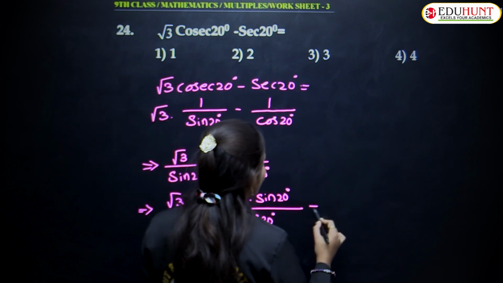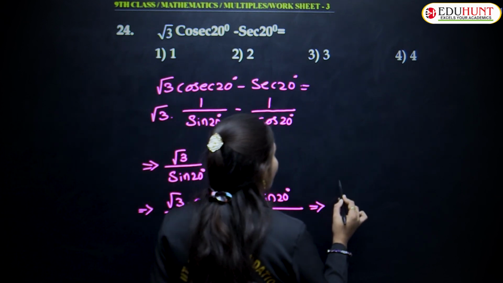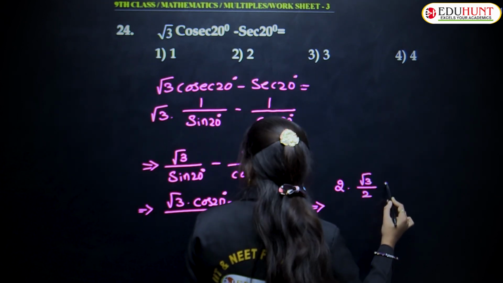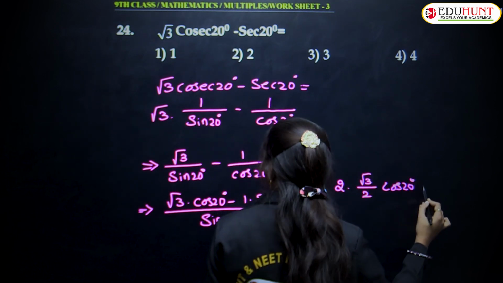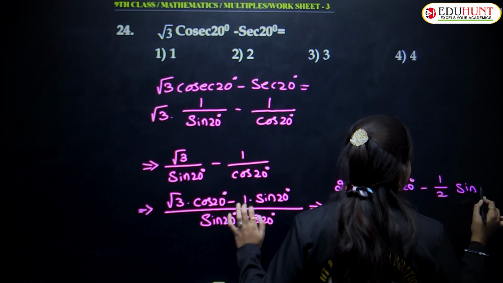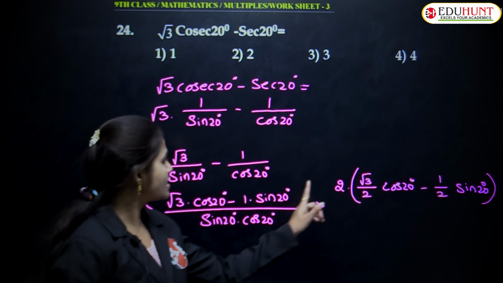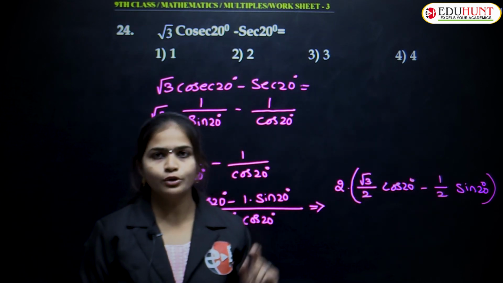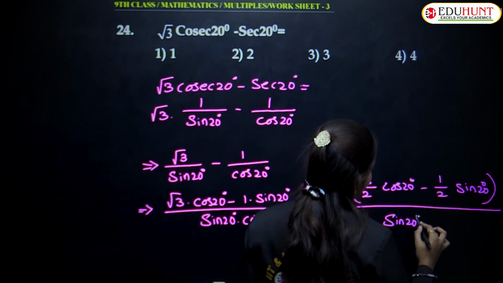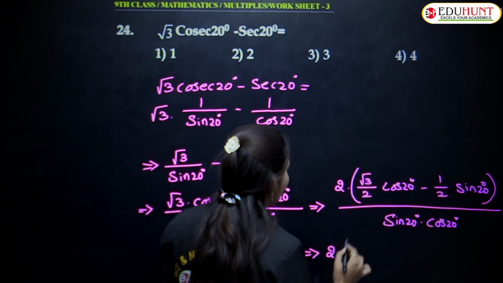Now here I want to multiply and divide only the numerator with 2. So root 3 by 2 into cos 20 degrees minus, here 1 is there, so 1 by 2 sine 20 degrees. Understand? I just multiplied and divided by 2 only the numerator, whole by sine 20 degrees into cos 20 degrees. Okay. Now here 2 into root 3 by 2.